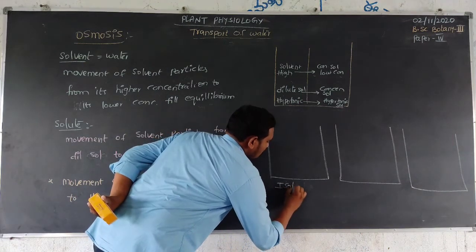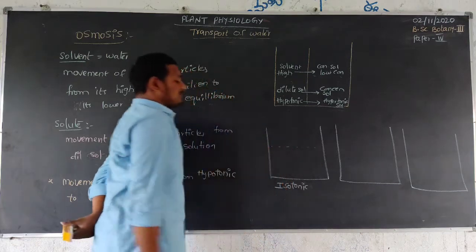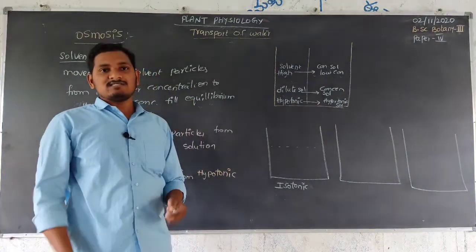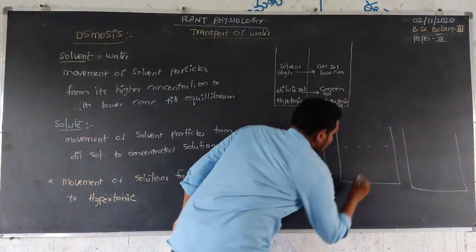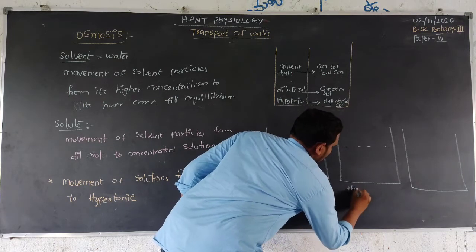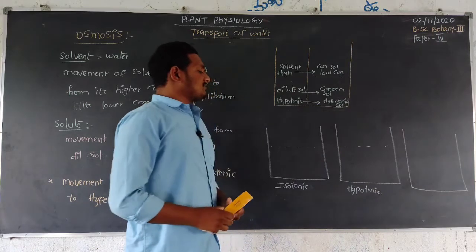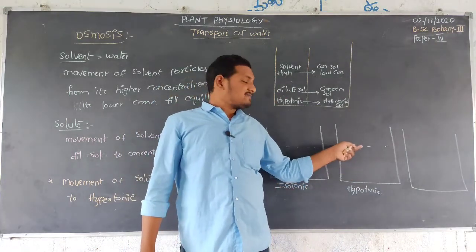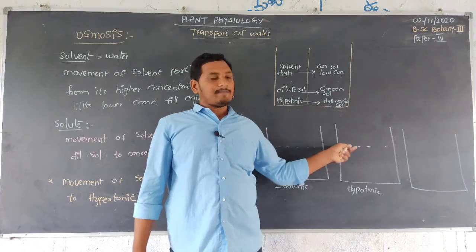Isotonic means the medium concentration and the cell concentration are equal. Next, hypotonic means the solution concentration and the cell concentration are different.